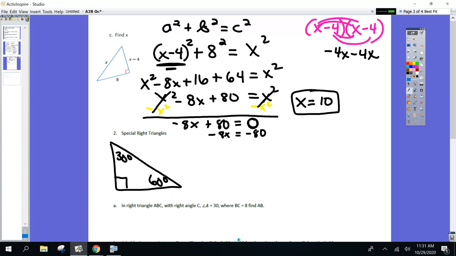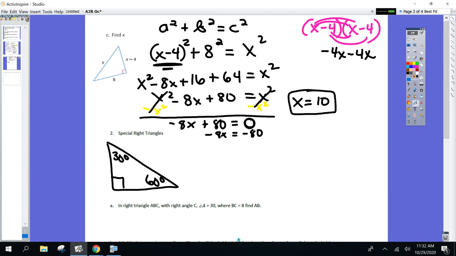We call it a 30, 60, 90 triangle. I don't know if anything rings a bell from a couple years ago, but that's your 30, 60, 90 triangle. Their sides have special relationships. All 3 sides are related somehow. Ready?